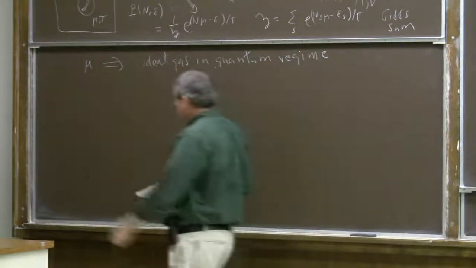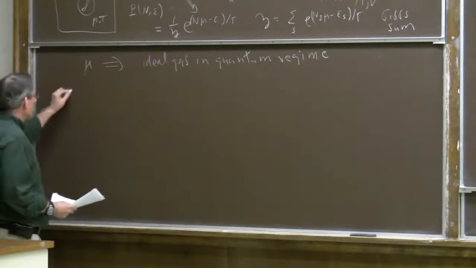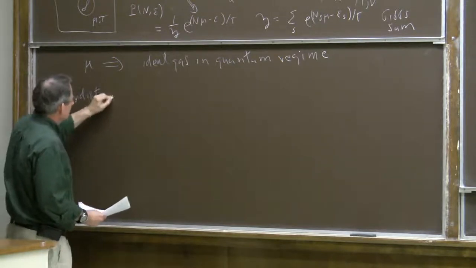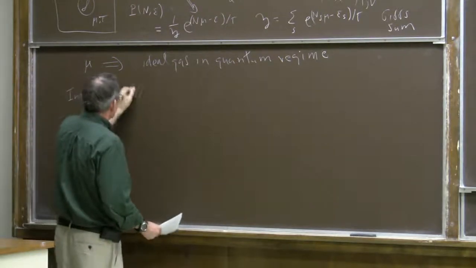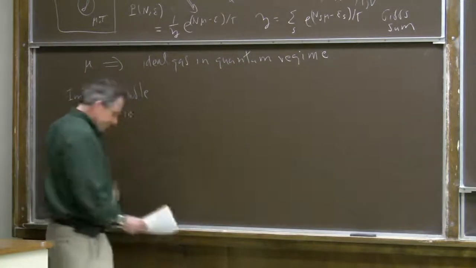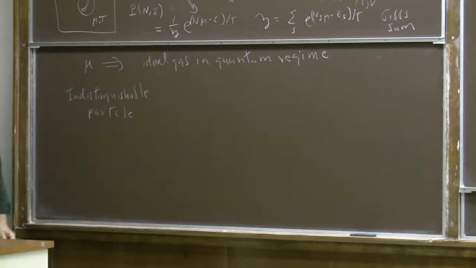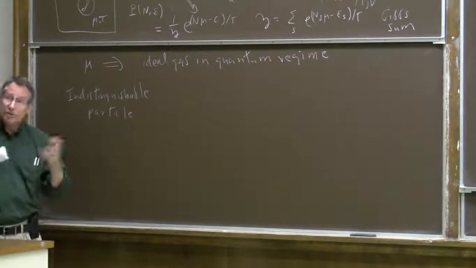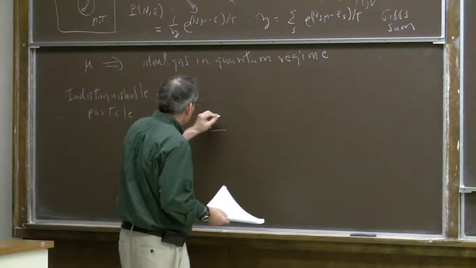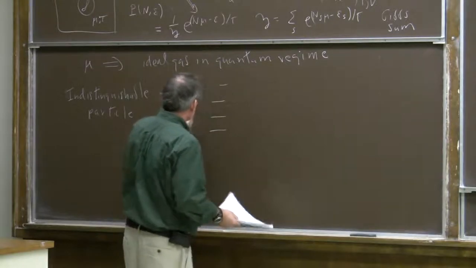So remember, we want to consider indistinguishable particles. We learned our lesson when we studied the classical ideal gas. So one way of thinking about that is we have an ideal gas. That means there's no interactions among the particles. So we can consider the single particle orbitals.